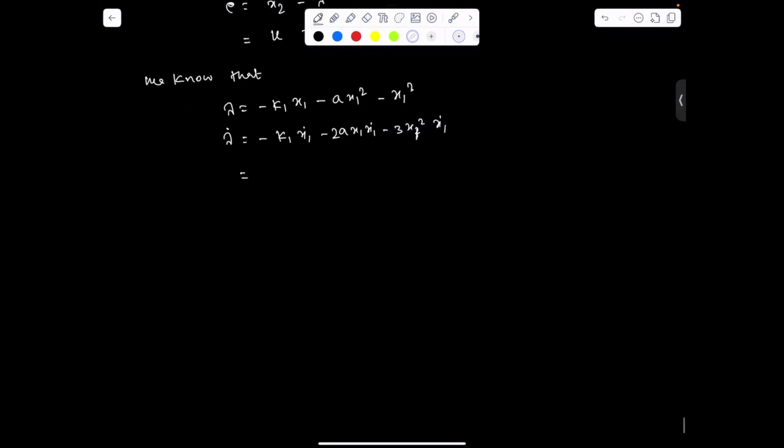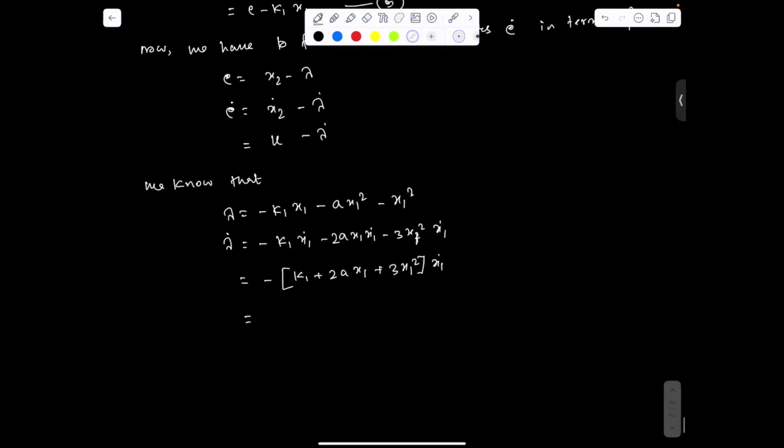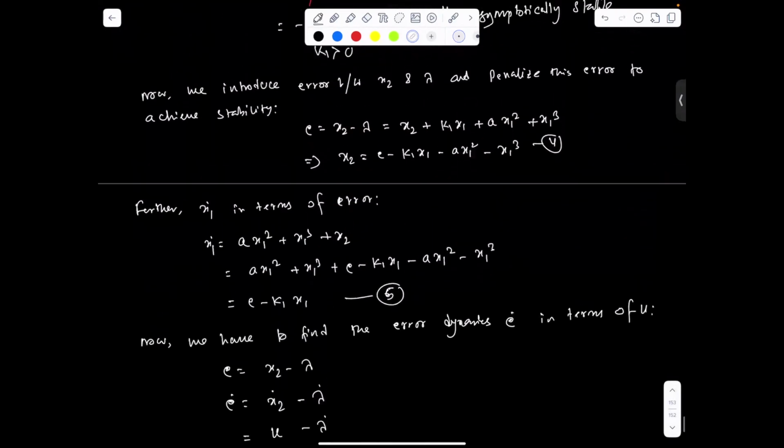From this we can write minus k1 plus 2a x1 plus 3 x1 square times x1 dot. Or we can write further, in place of x1 dot, we can write e minus k1 x1. This we have already found.